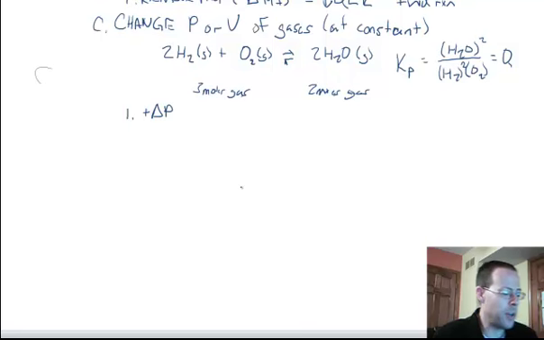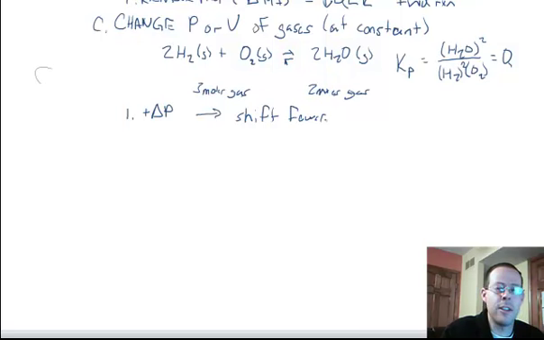So if we increase the pressure, our reaction is going to want to shift to the side that has fewer moles of gas. Alright? So if we increase the pressure, in this case, it's going to shift towards fewer moles, because that essentially reduces the pressure. Shift toward fewer moles of gas.